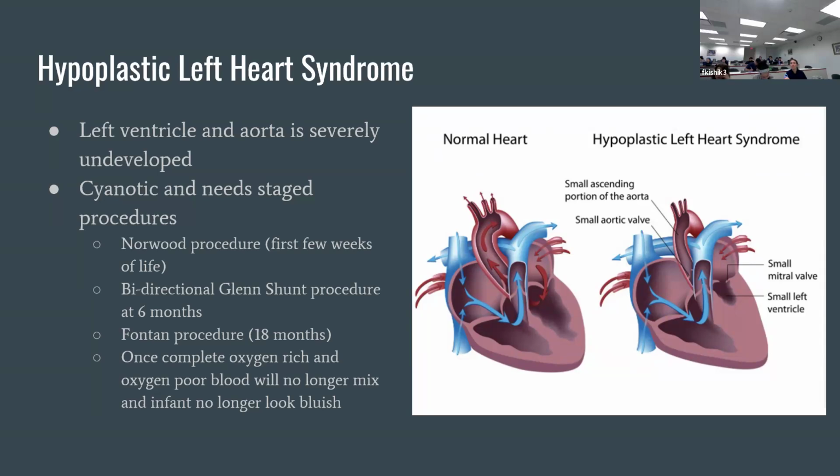That's a really big surgery. I don't expect you guys to know the details of those. Once complete, oxygen-rich and oxygen-poor blood no longer mix, the infant is no longer cyanotic, and that's the correction.